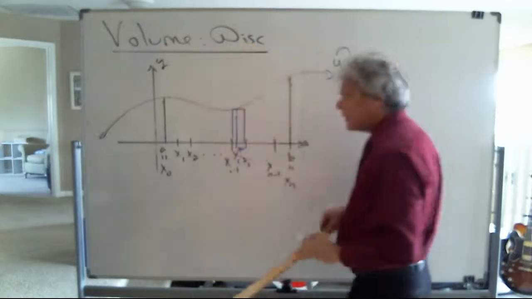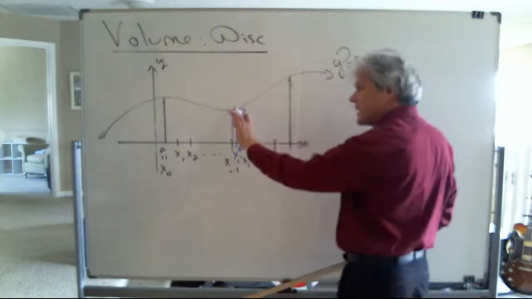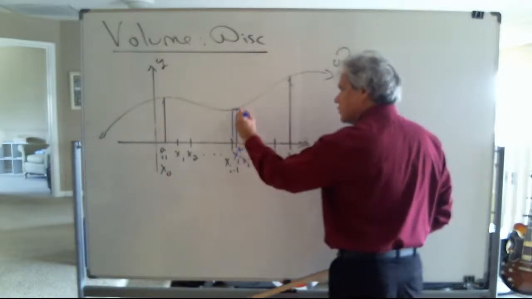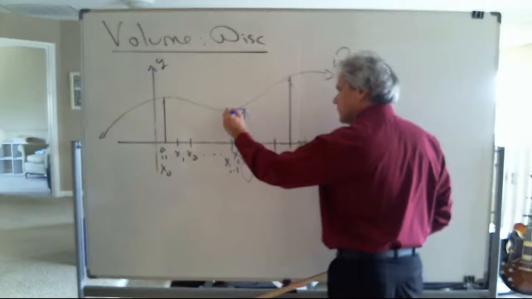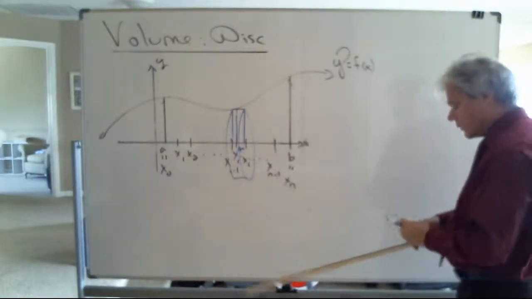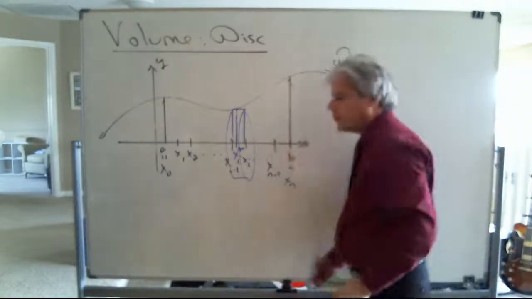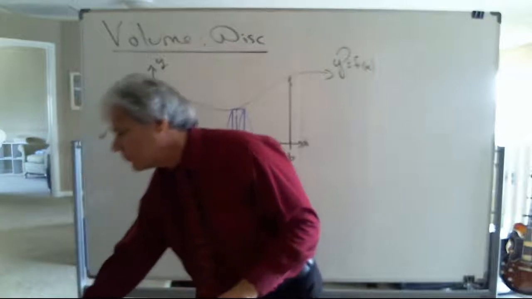Now what I want you to do is take that ith rectangle, not compute its area, but rotate it about the x-axis. And you're going to generate this little disk. And we're going to compute the volume of that disk. The volume of the disk is essentially the volume of a right circular cylinder.